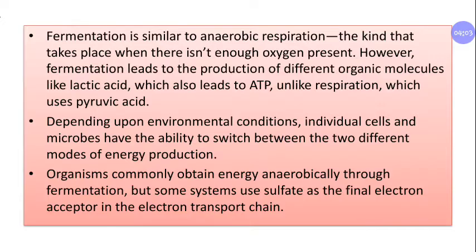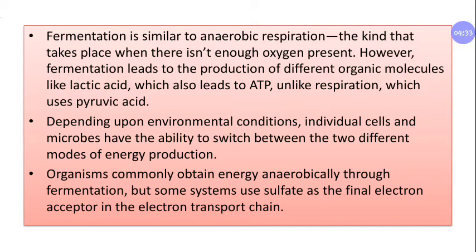Fermentation is similar to anaerobic respiration, which takes place when there isn't enough oxygen present. However, fermentation leads to the production of different organic molecules like lactic acid, which also leads to ATP. That is, unlike respiration, it uses pyruvic acid. Depending upon the environmental conditions, individual cells and microbes have the ability to switch between the two different modes of energy production.